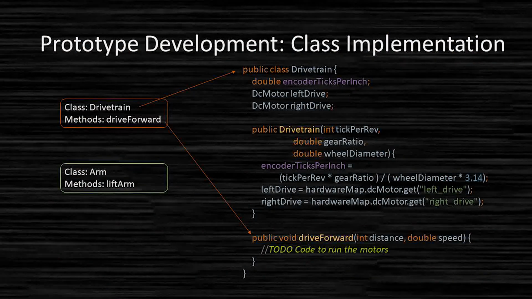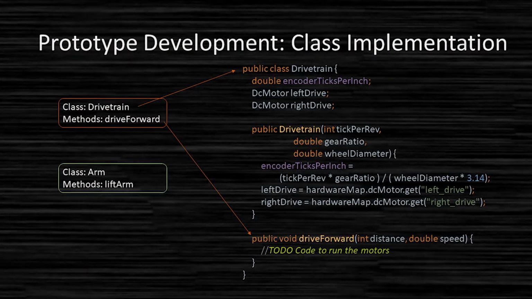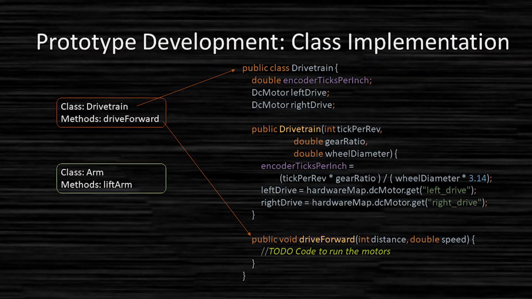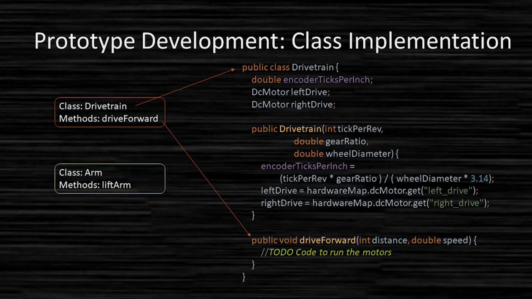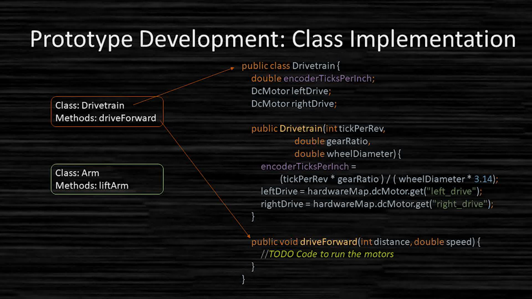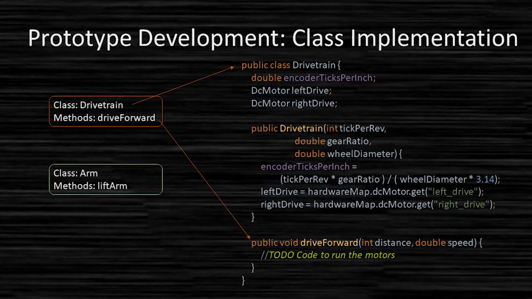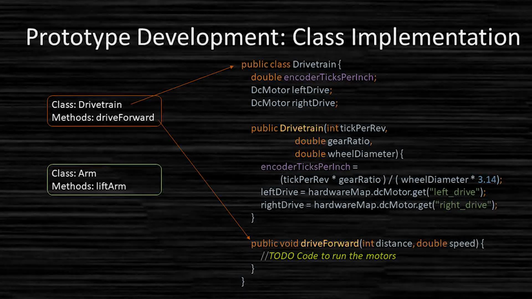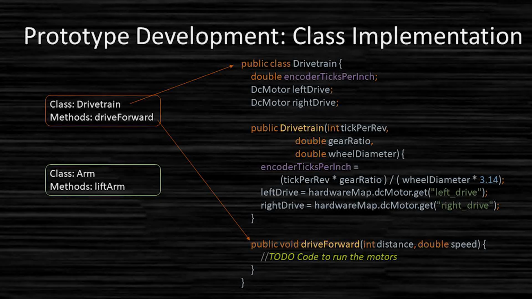With code, it's easy to constantly be making improvements and it can eventually become something permanent. We're going to take the list of classes and methods from the flowcharting step and begin implementing them in actual code. This is going to require a lot of testing, a lot of debugging, as you figure out how each of these is actually going to be implemented and how it's actually going to work.